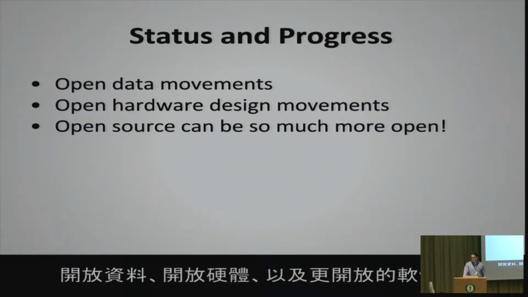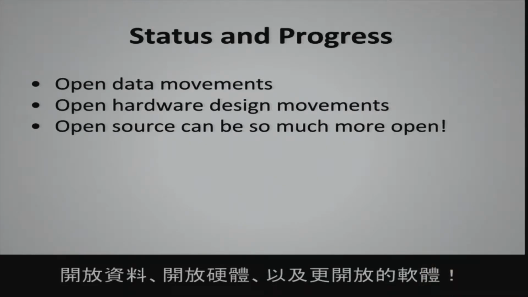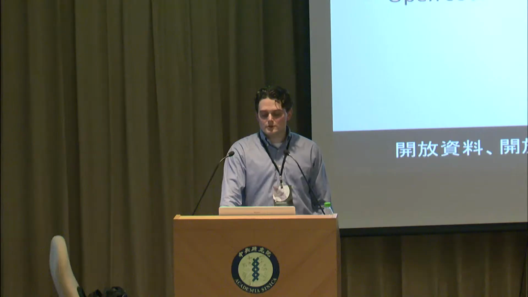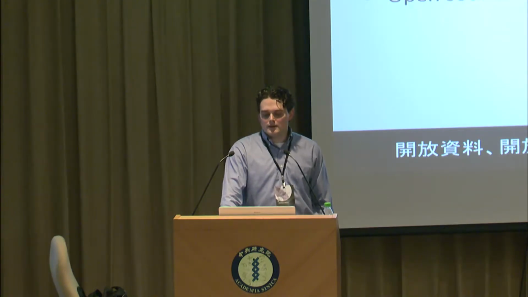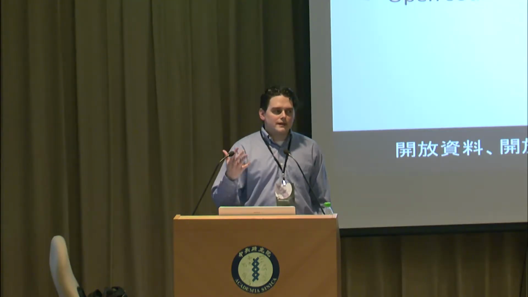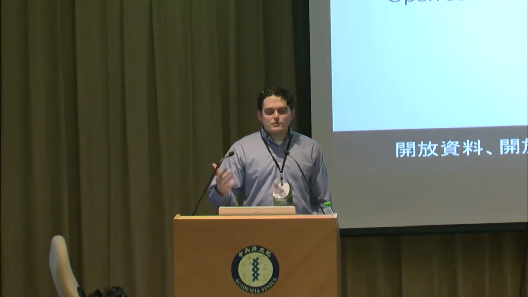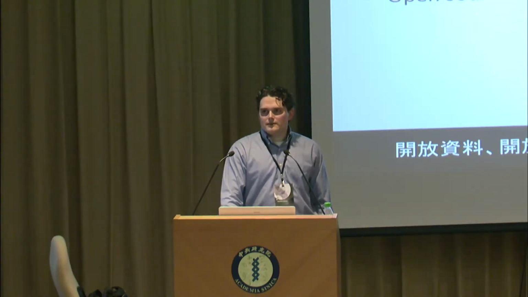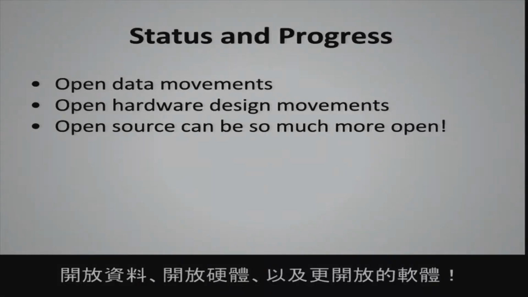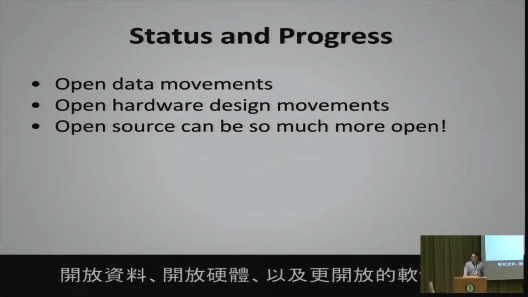So there are also open data movements, open hardware design movements, but my claim today is that open source systems and open source software can be so much more open than they are right now. So I want to try to give you a vision for a new way of developing software and deploying software and maintaining systems that is much more forkable and much more open, and therefore we will be able to build our verification tools on top of it.